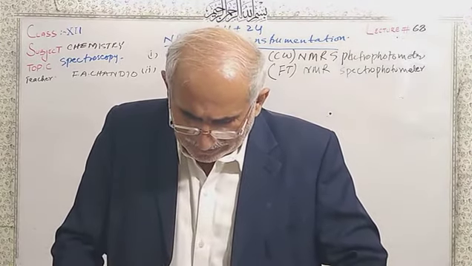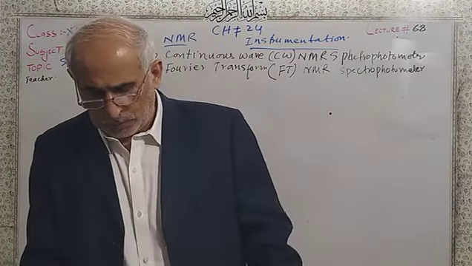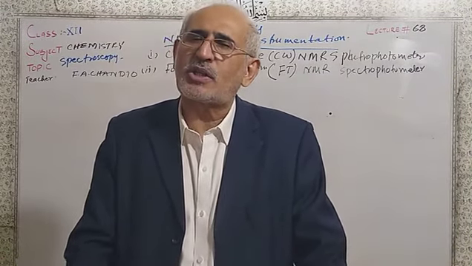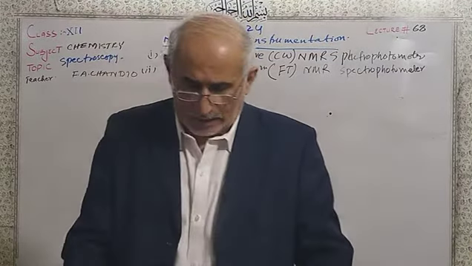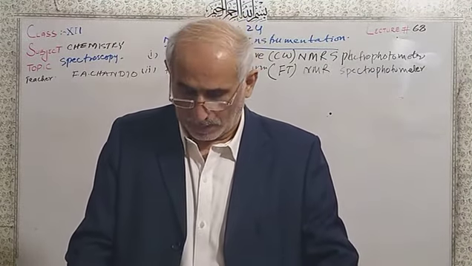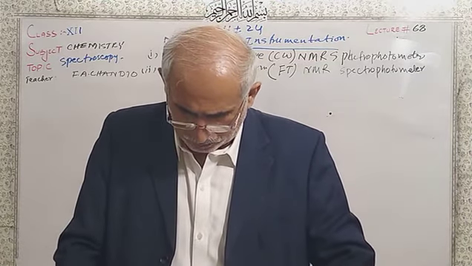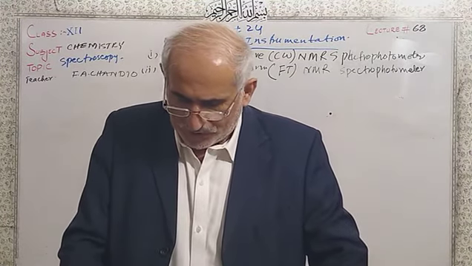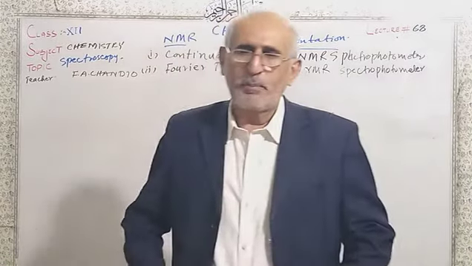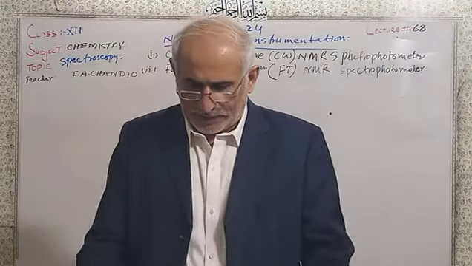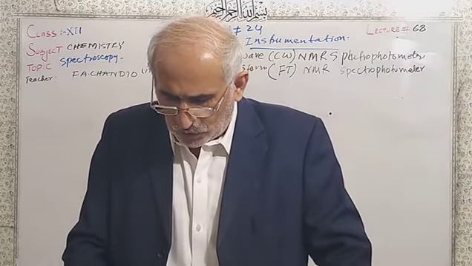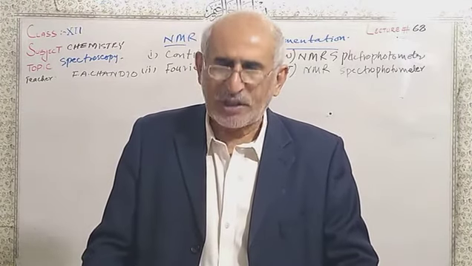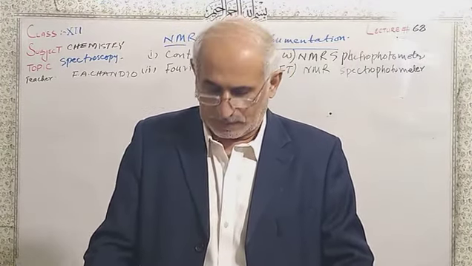In the case of FT NMR spectrophotometer, the strength of the applied magnetic field is kept constant. This is the difference between the CW and FT. Here in the FT NMR, the strength of the applied magnetic field is kept constant and the radio frequency is applied in a single short duration of about microseconds.